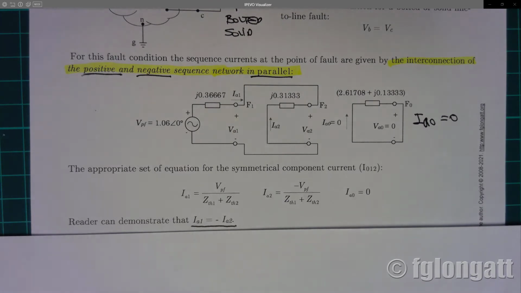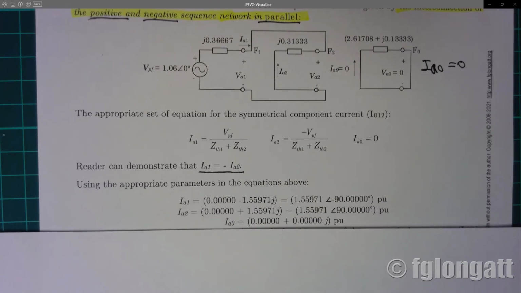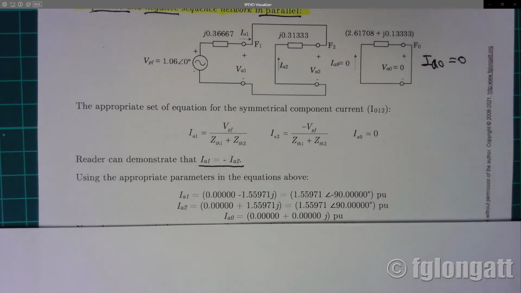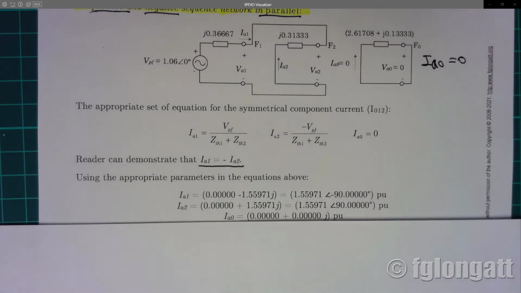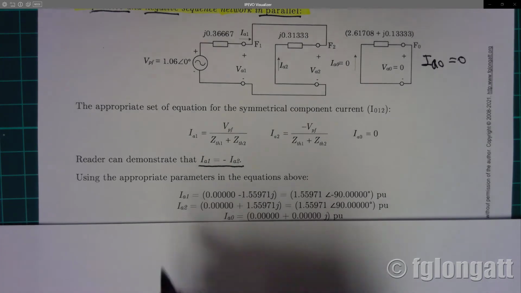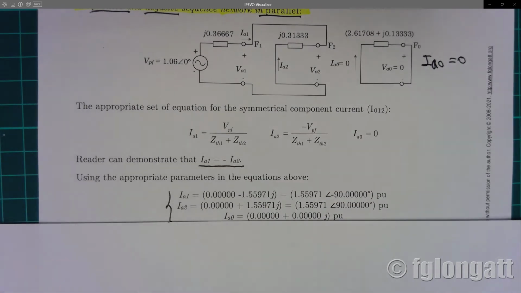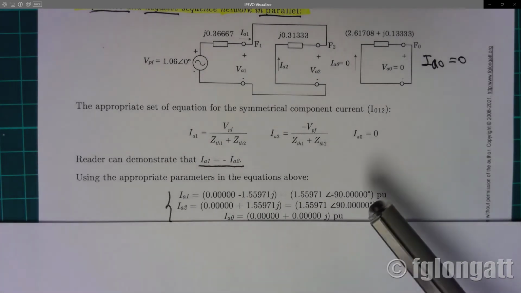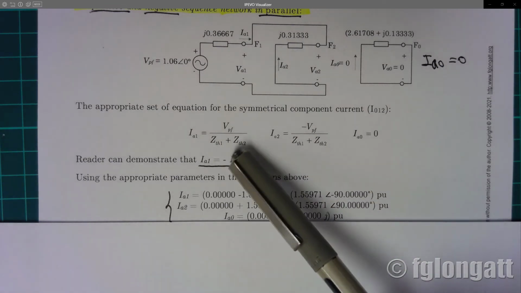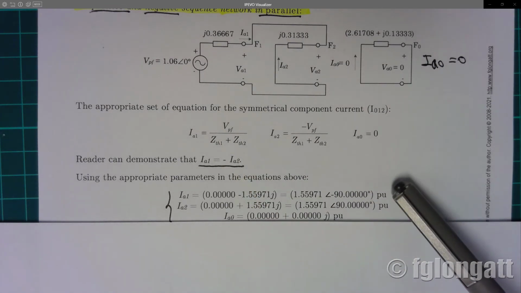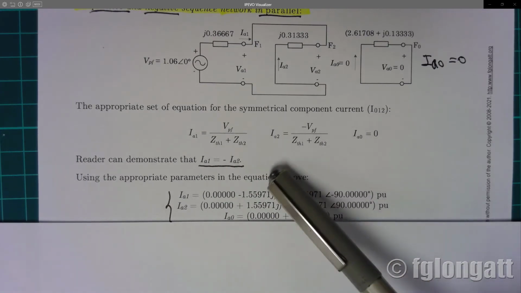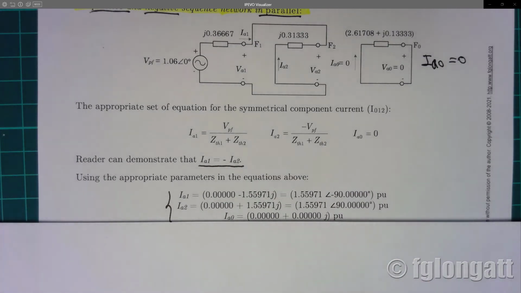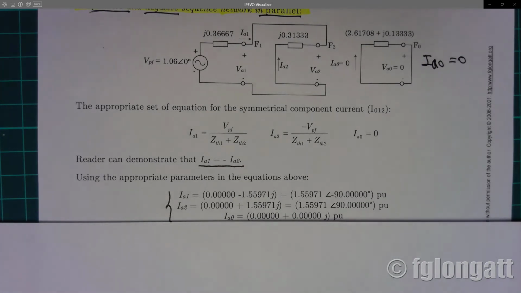My students can use calculators, they can use MATLAB, they can use Python if they wish. You can use any kind of calculator you want, but at the end, what I want to get is the positive, the negative, and the zero sequence, okay? And as you can see here, this property is fulfilled. You can see that the magnitudes of the positive and negative sequence are the same, 1.559 per unit.